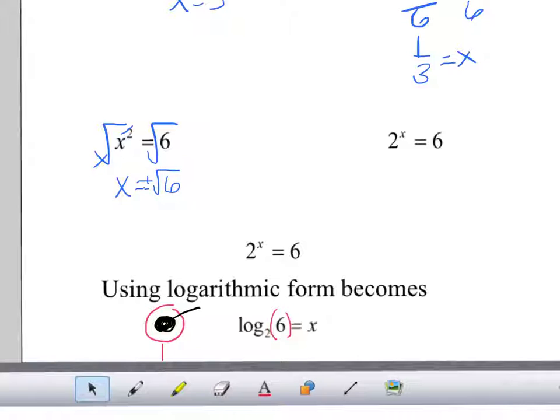Well, the Tootsie Pop in the middle is the 6. The 6 is on the inside of the logarithm, and the outside candy part is the log. So the log is containing the 6. The 6 is inside the logarithm. We can't get it out of there, so you can't divide by 6 or anything like that. It's a part of the logarithm. So that is kind of the basics of logarithms.